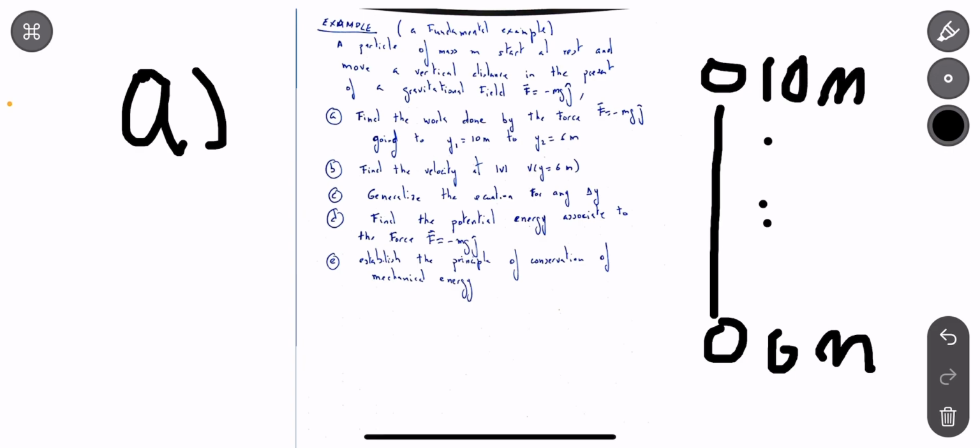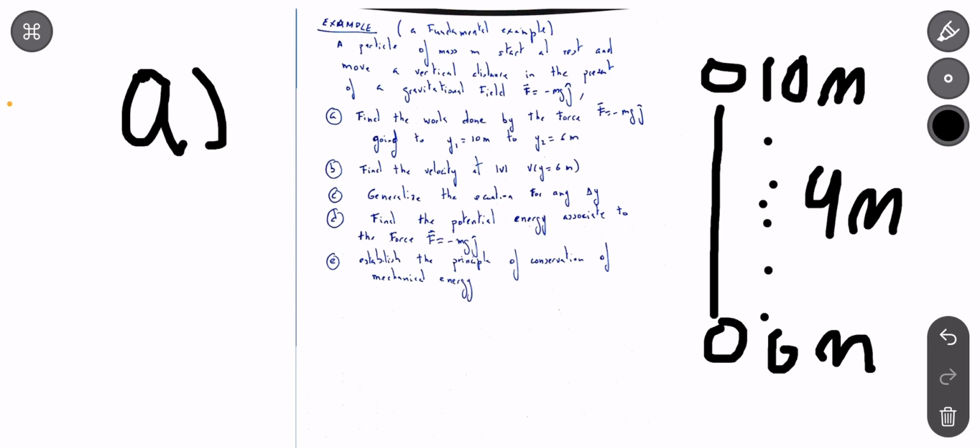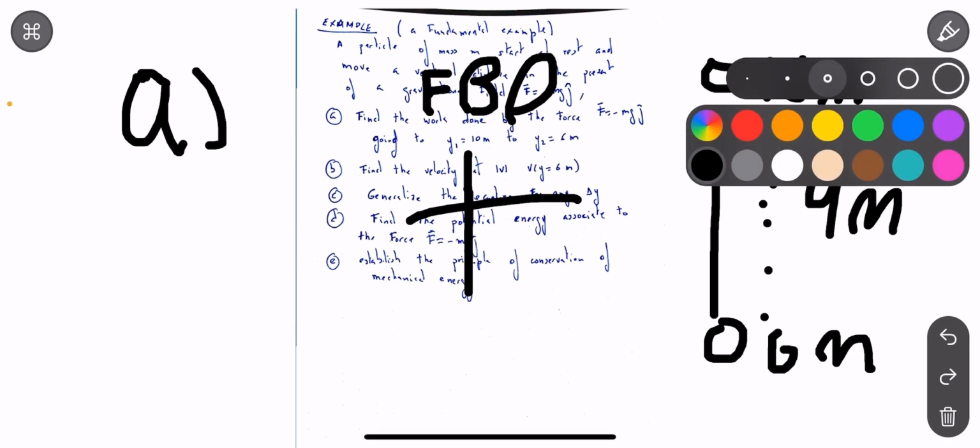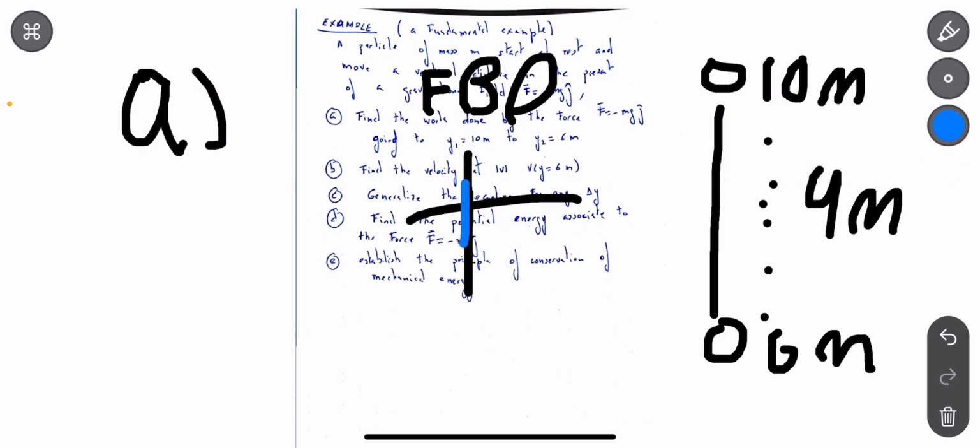Now, this is a distance of 4 m, and since it's moving in a negative direction due to the gravitational field, mg, the free body diagram is going downwards. Let me write this in a different color. It's going downwards with mg, right?